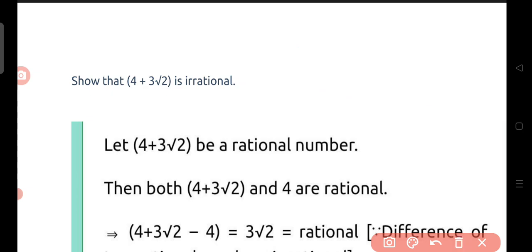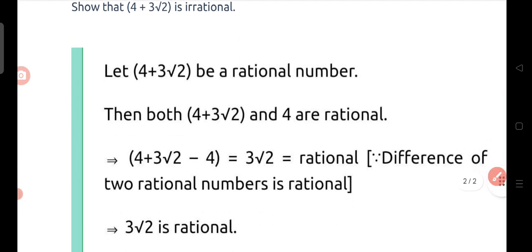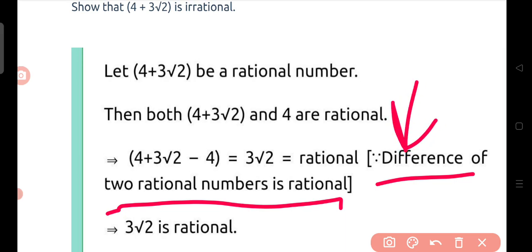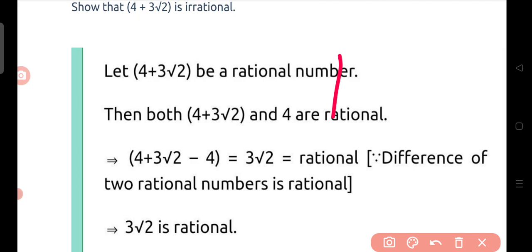Here if we subtract 4 plus 3 root 2 minus 4, then we get 3 root 2, and the result will be rational, because the difference of two rational numbers is a rational number. This is the closure property. Then we have obtained 3 root 2.